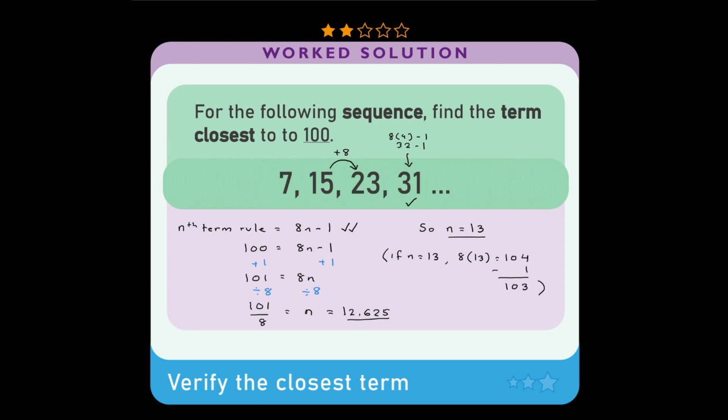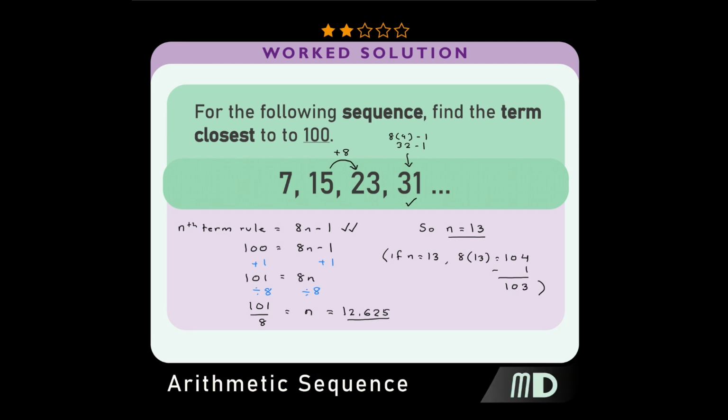The 12th term evaluates to 95, and 103 is closer to 100 than 95. So the position of the term closest to 100 is the 13th term, whose value is 103.